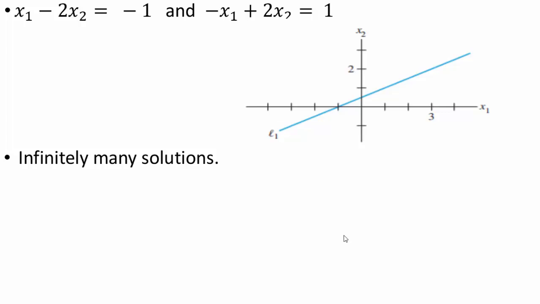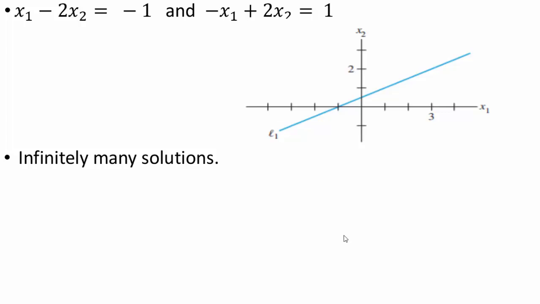Friends, how to find the solution of a system of linear equations in two variables? If the system contains two equations, then draw the graphs of both the lines. They are straight lines. And find the point of intersection of these two lines.